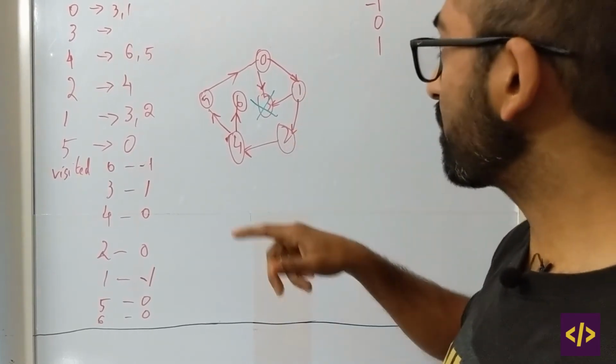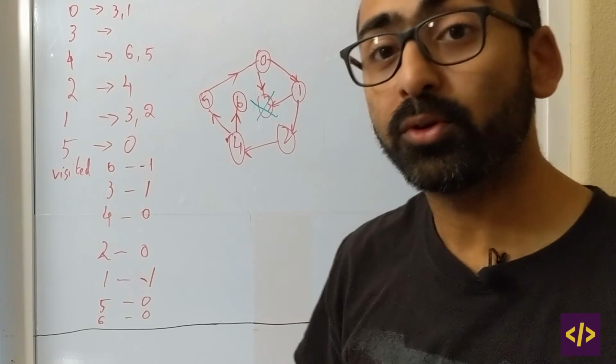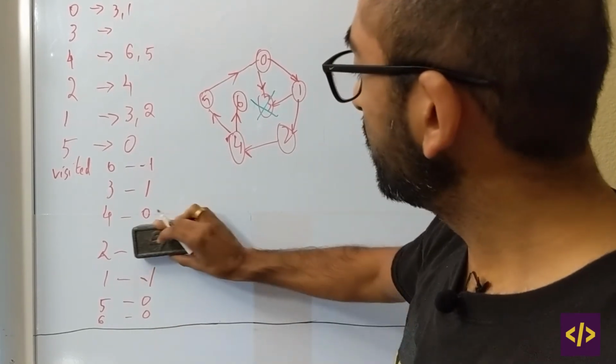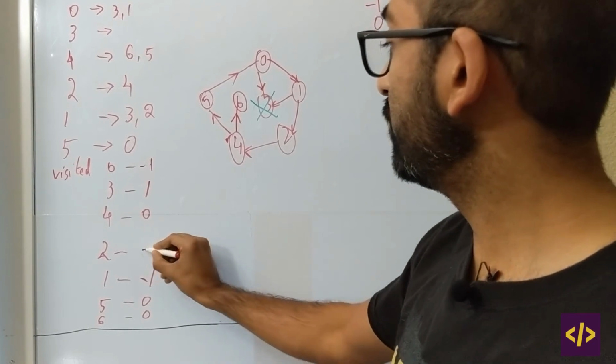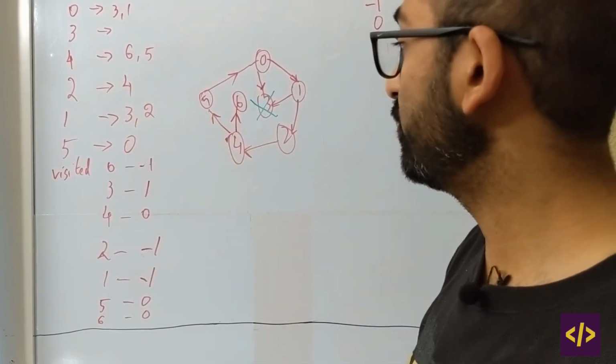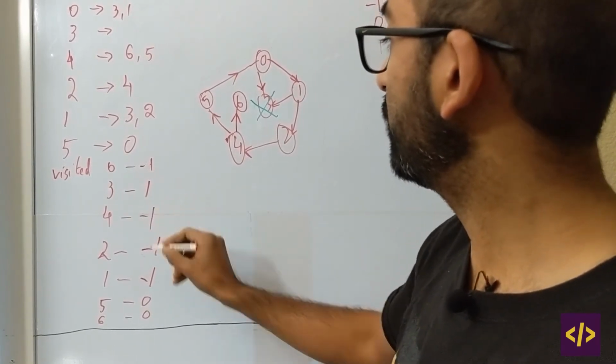So it goes back and goes to 2. Now what happens with 2? 2 has not been discovered yet, so we set this to -1. And then what does 2 have? 2 just has 4, so we set 4 to -1.